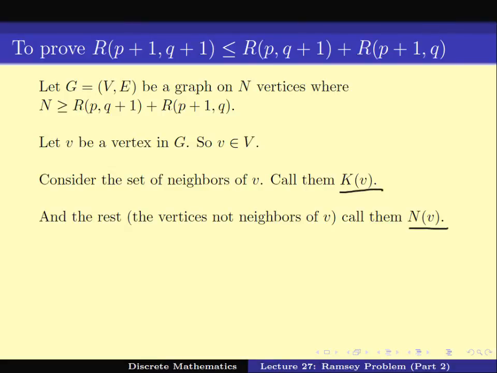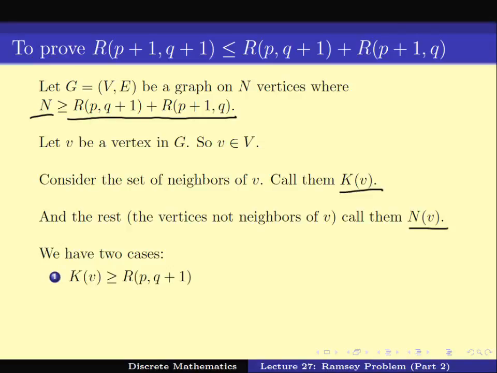Now, given the fact that n is bigger than or equal to this, we have two cases. First of all, either K_V is greater than or equal to R(p,q+1), or N_V is greater than or equal to R(p+1,q).